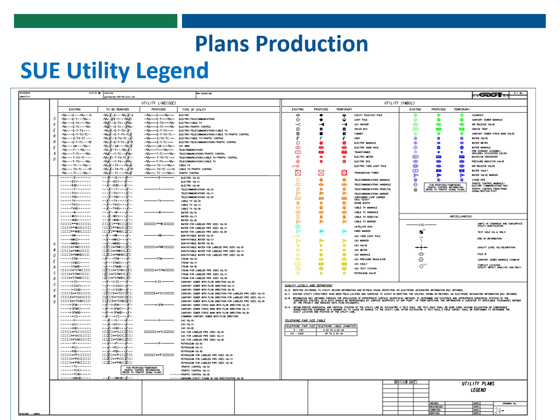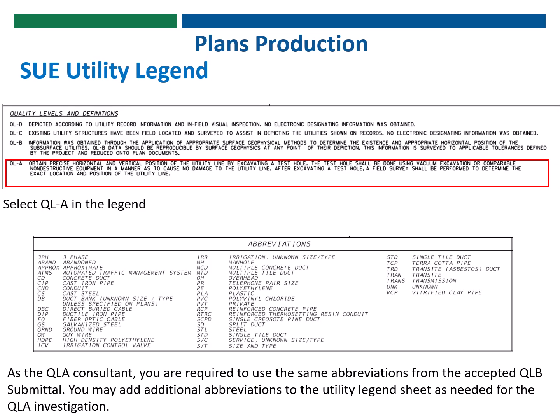And here's a larger image of the SUE utility legend sheet. The SUE utility legend sheet has the quality level definitions on there, so you'll need to box in the QLA investigation, as you see here, and the abbreviations.